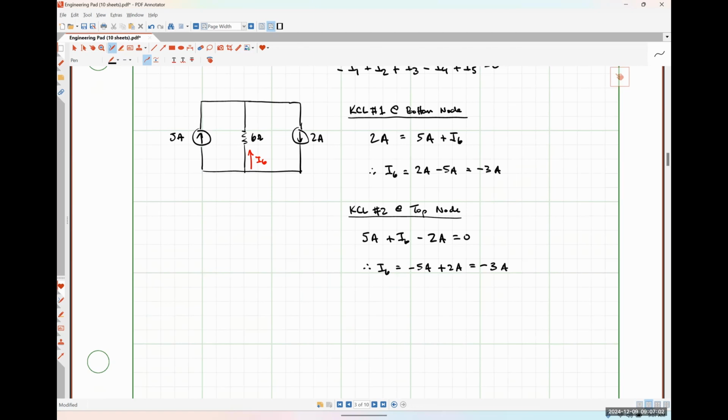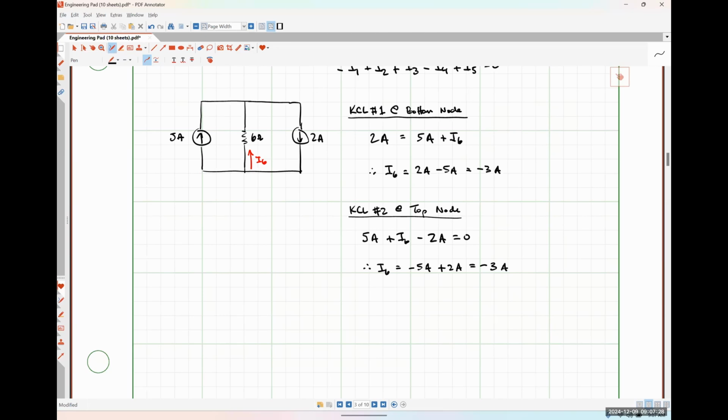So regardless of which version of KCL we choose to use and which node we choose to apply it to, and let me put a big asterisk there, for one of these 2 node circuits, we are going to get the exact same result. So any question about this before we start incorporating Ohm's law as well?